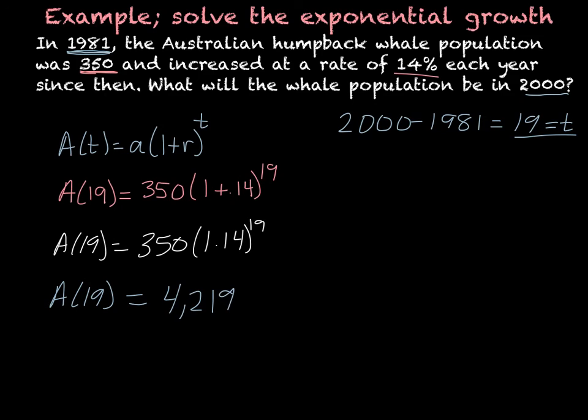And since you can't have half of a whale, just round to the nearest number, and that'll be good enough. So there would be 4,219 humpback whales. And that's your final answer.